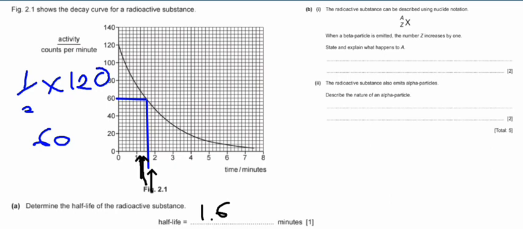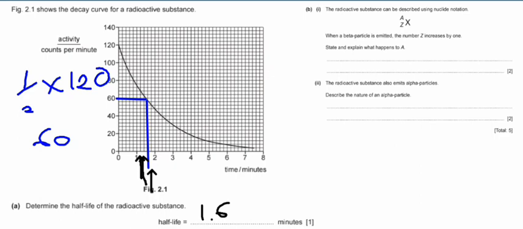Let's come to B. B is saying Roman numeral 1, the radioactive substance can be described using nuclide notation. So we have A, which represents the mass number or the nucleon number. Then Z represents the proton number or the atomic number.